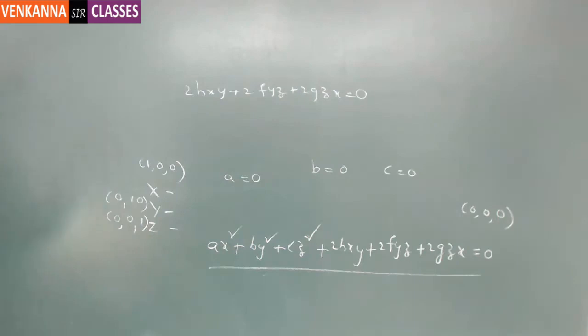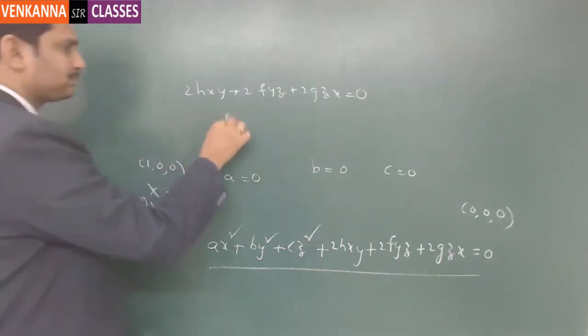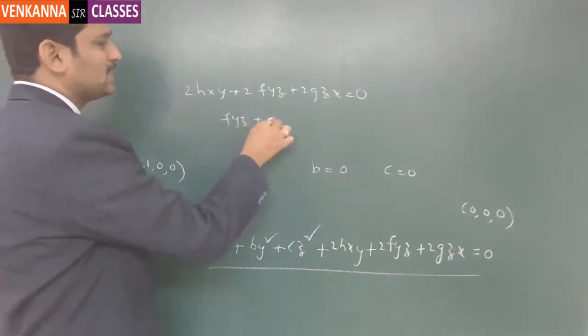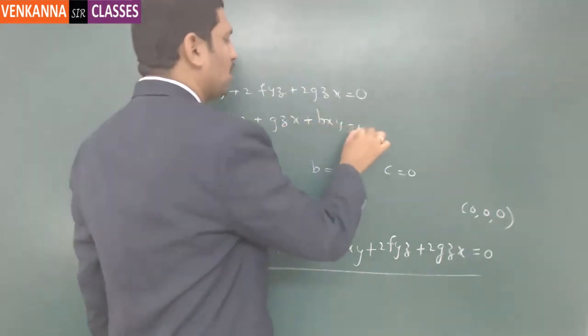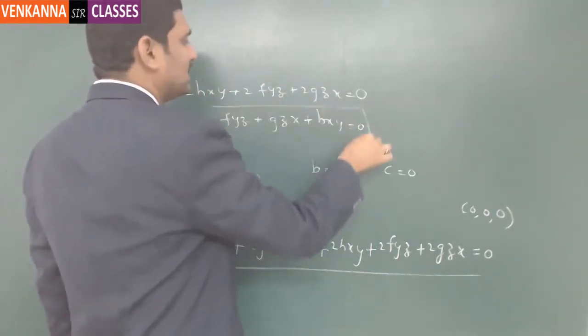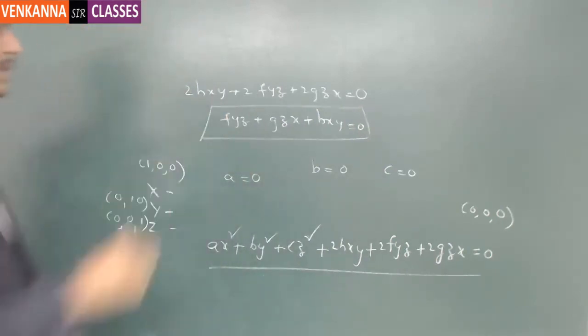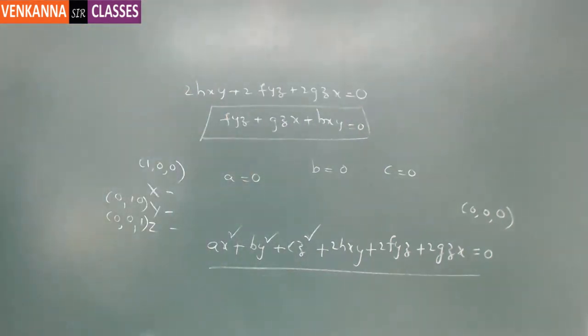So cancelling 2, you can say that fyz plus gzx plus hxy equal to 0. We have to remember that whenever a cone has its vertex at origin and passes through the three coordinate axes, this is the equation for it.